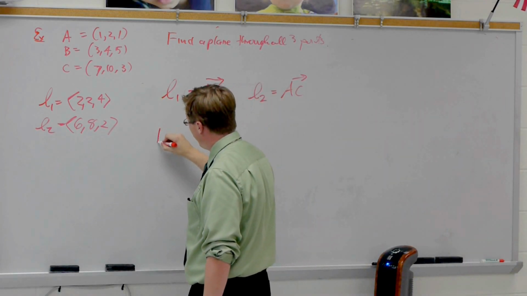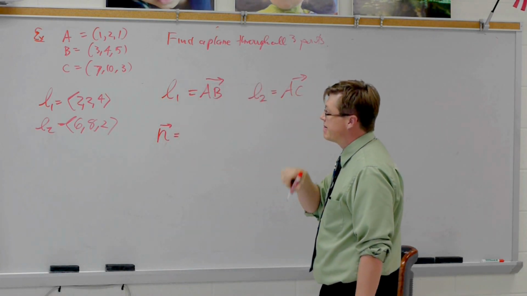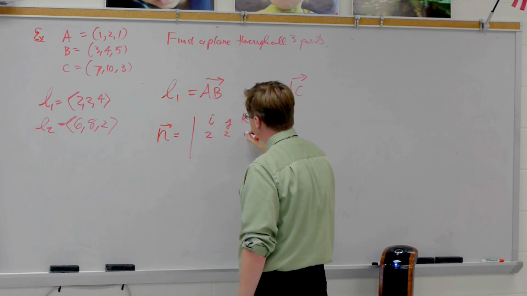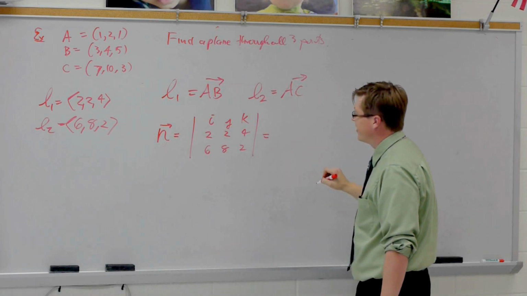So how can I find the normal vector to the line? Cross product. So i, j, k, 2, 2, 4, 6, 8, 2.